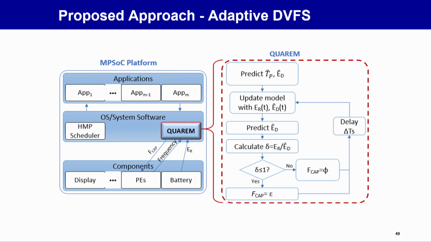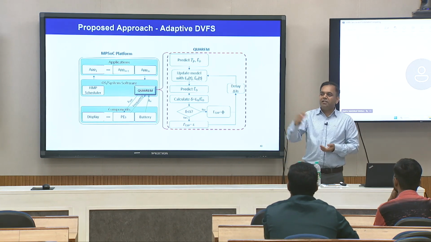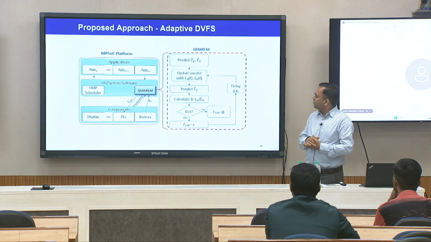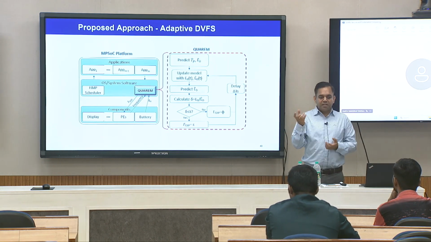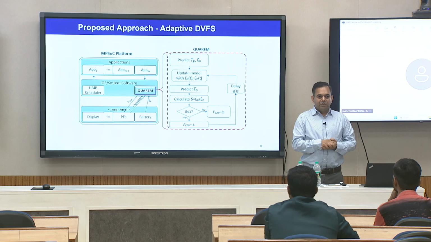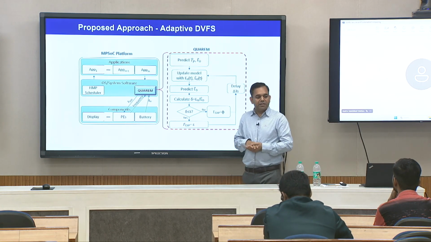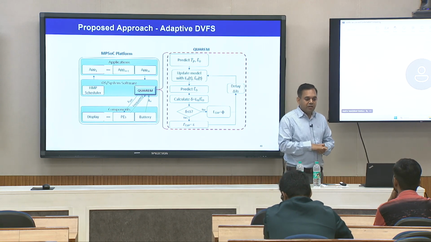So that student set it up like 1 minute, 2 minutes, 5 minutes and keeps doing this, with the aim that you can keep running your application until you go and plug in. So you can see this is a kind of energy management. It can be applied in other places as well, but that student has applied it in smartphones.